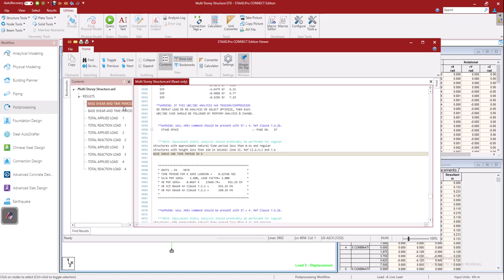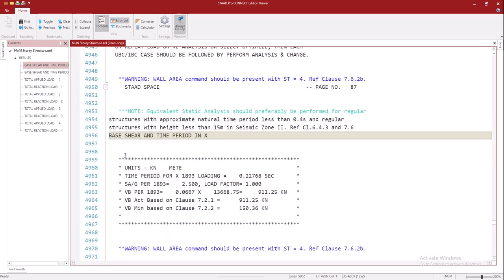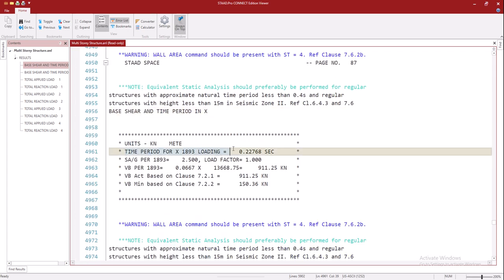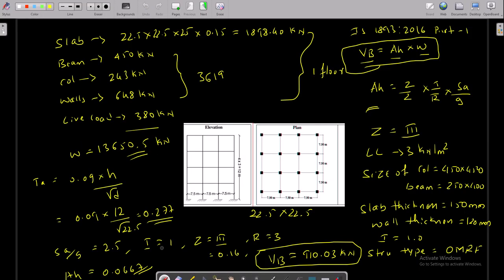seismic parameters. You can see now. Here the time period for the structure is 0.22768 seconds, which we have calculated here. Here you can see 0.22.